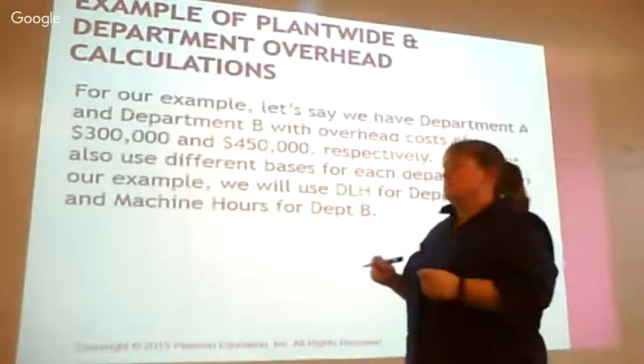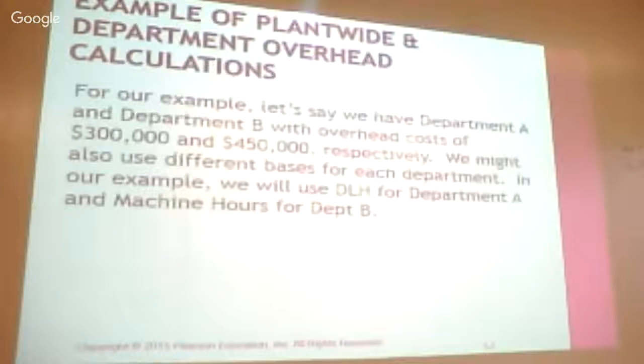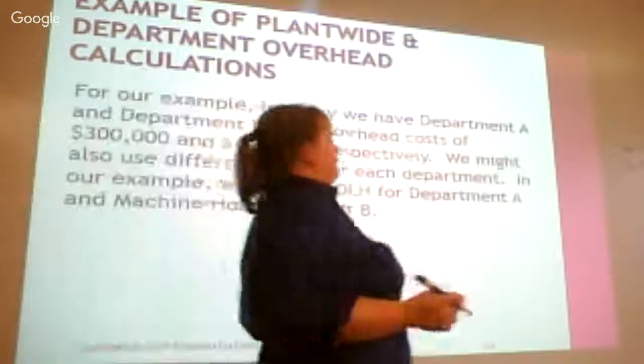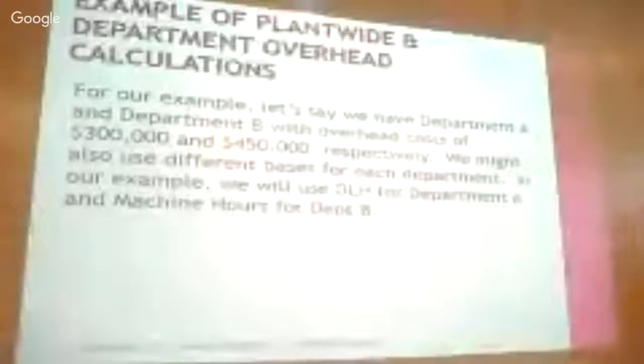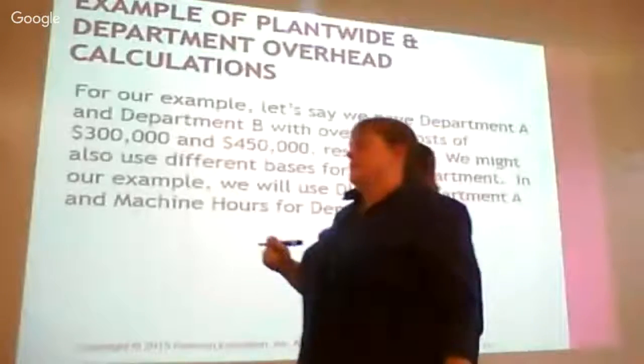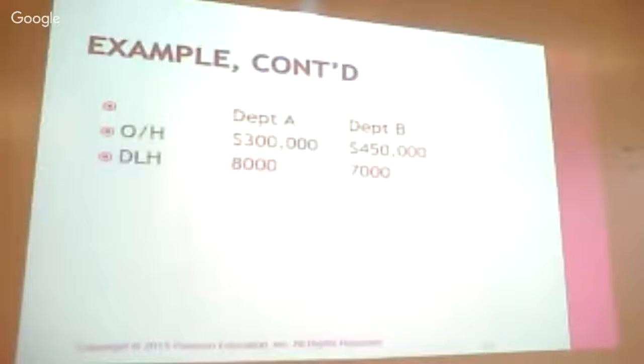All right. Oh wait, we have 300,000 in A and 450 in B. So let's take a look at this.